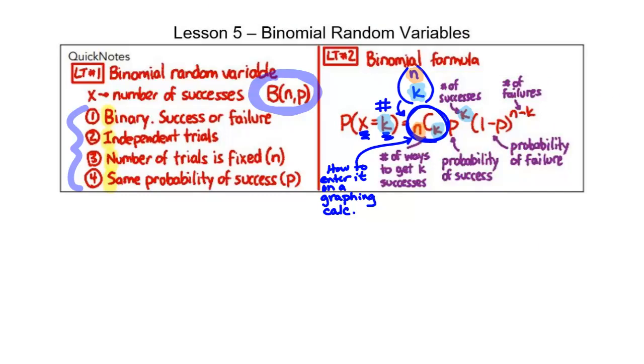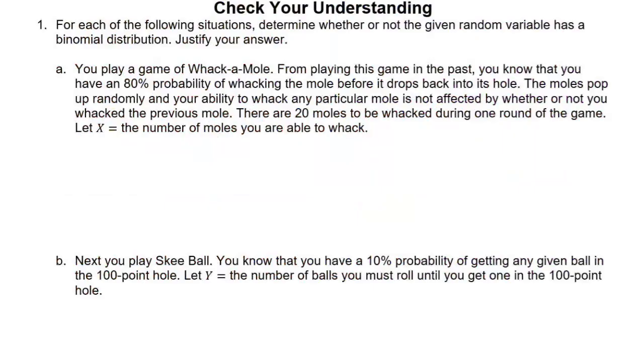All right, so let's look at the first question on the check your understanding. It says, for each of the following situations, determine whether or not the given random variable has a binomial distribution. So does it meet the 4 components? Does it meet BINS, binary, independent, fixed number of trials, and same probability of success each time? You play a game of whack-a-mole.